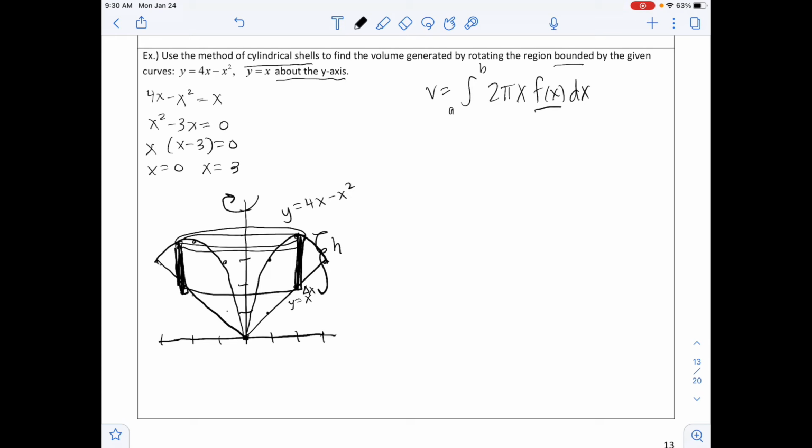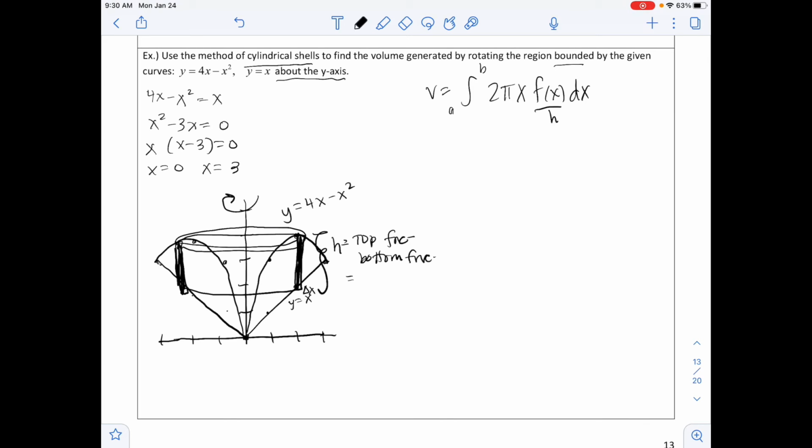So f of x we can think of as h. And so in order to get the height of that rectangle, it's going to be our top function minus our bottom function, just like what we saw in the last section.